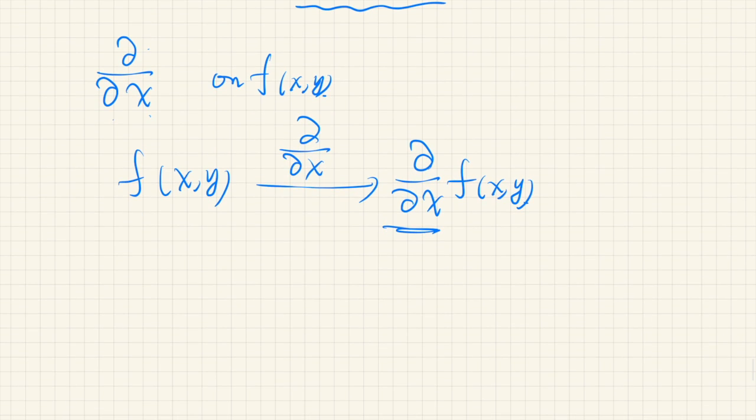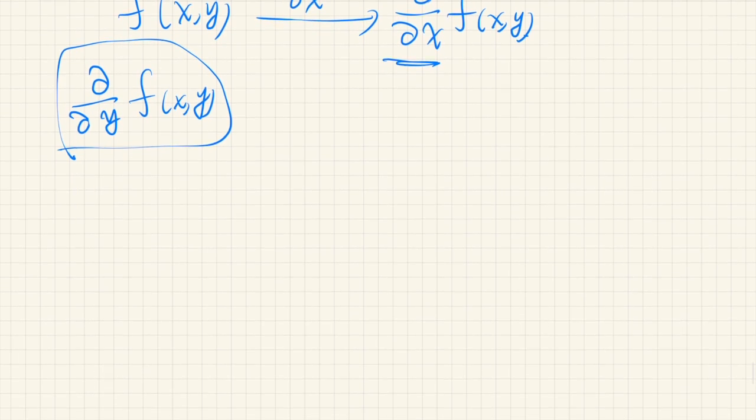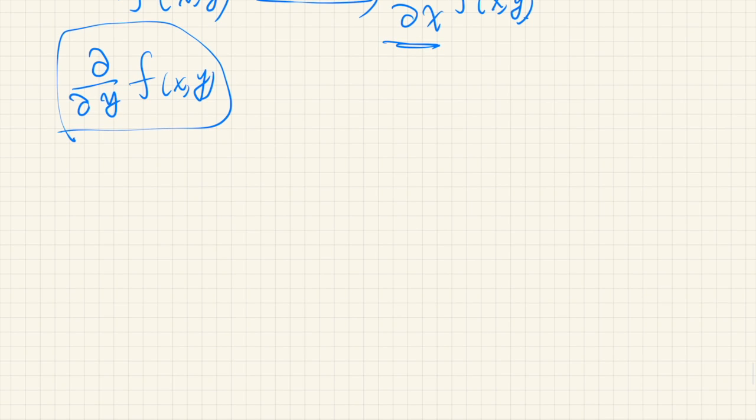Okay, and similarly, we can introduce the differential operator with respect to y. So if we apply this to function f of x, then we have this partial derivative, and so on. And we can introduce more general differential operators. Let's say a and b are some real numbers.